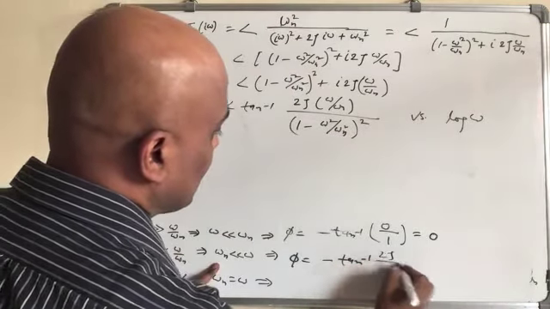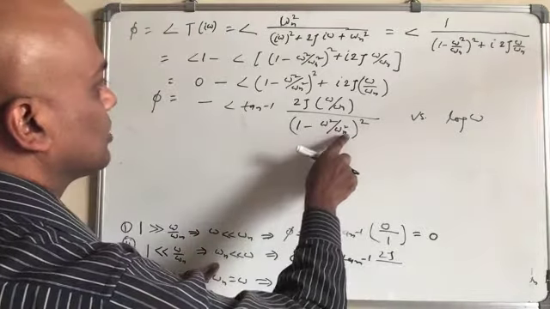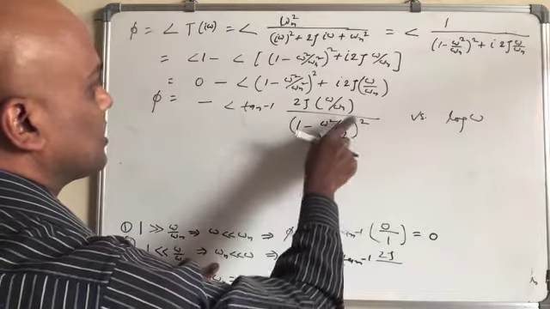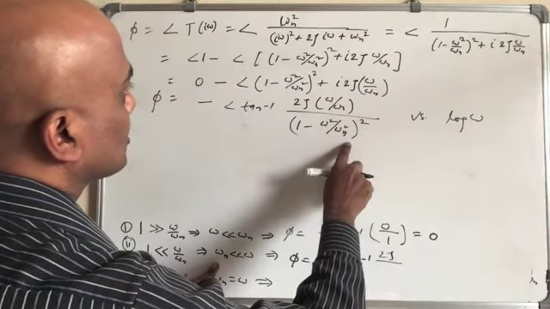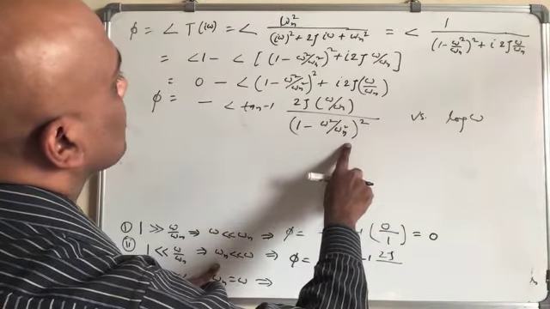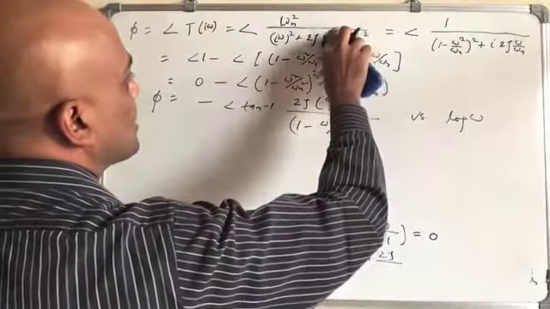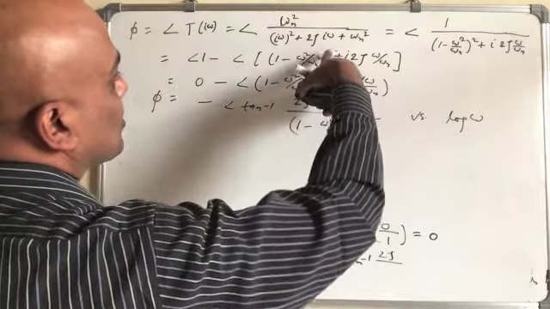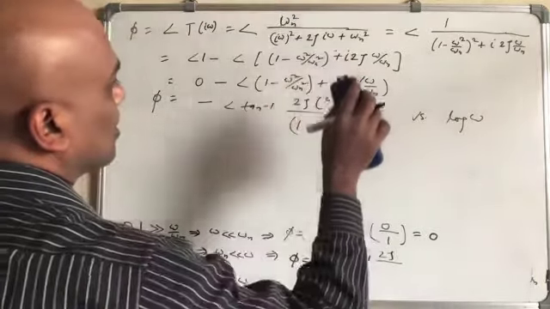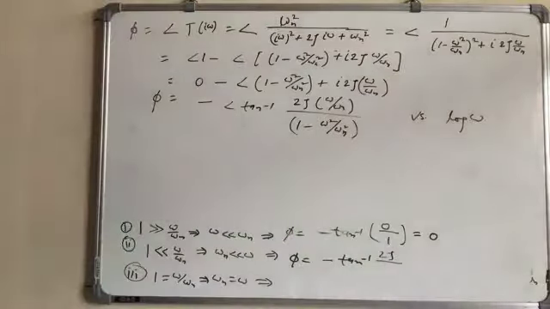2 zeta divided by minus omega over omega n. Okay guys, there is one problem: here it should not be a square. So this is omega over omega n, not a square, that is not correct, it should be like this.